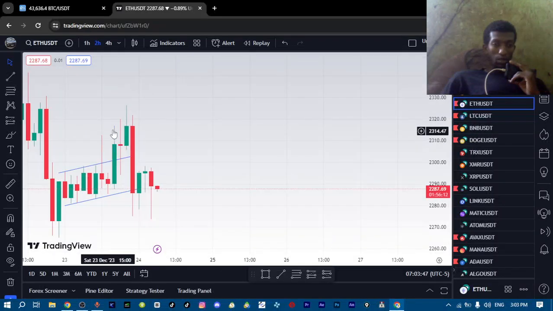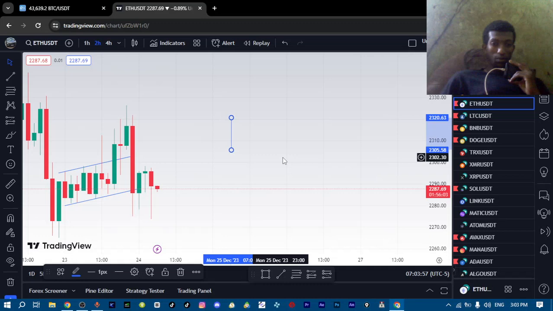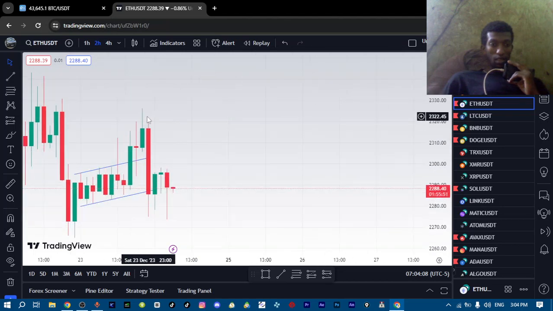If you want the other portion of your trade to run, you can let it run, but I recommend that you leave only 30% of your trade to run, because as you can see here, the market just melted back to your stop loss.